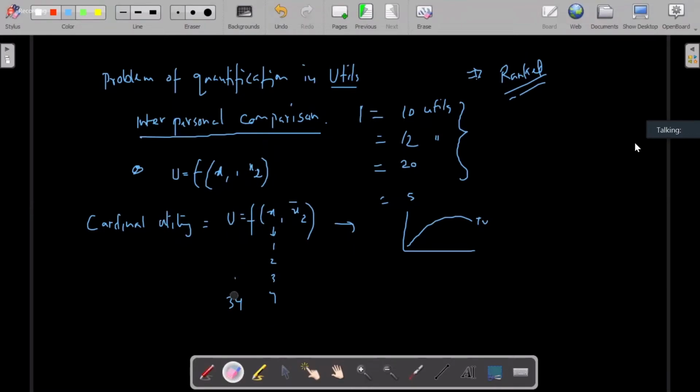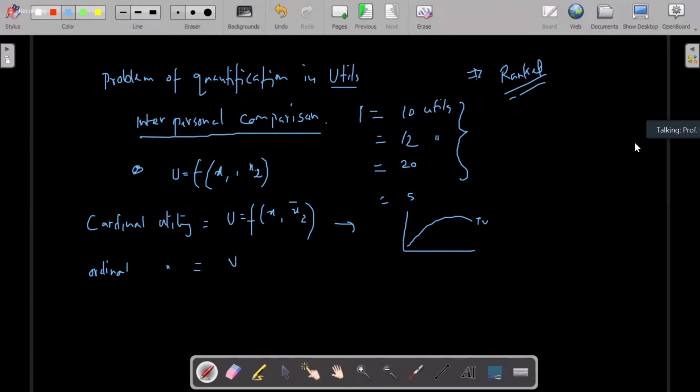But scholars say that no, we are not going to quantify them in this way. We just make the rank. That means a combination of goods x1 and x2 for ordinal utility. For ordinal utility, we are not going to make x2 constant.